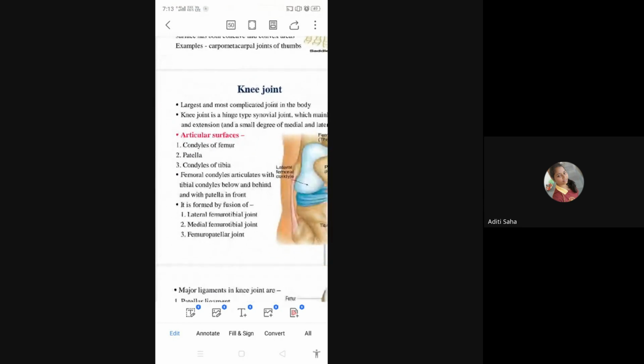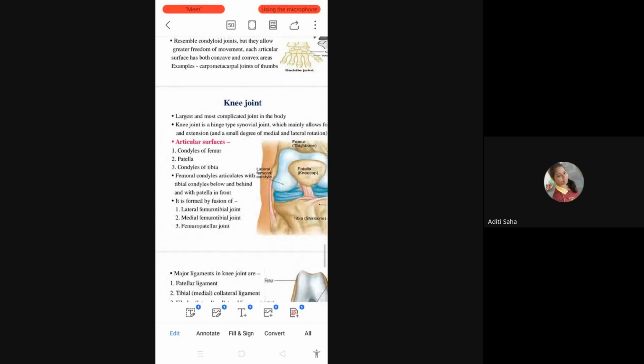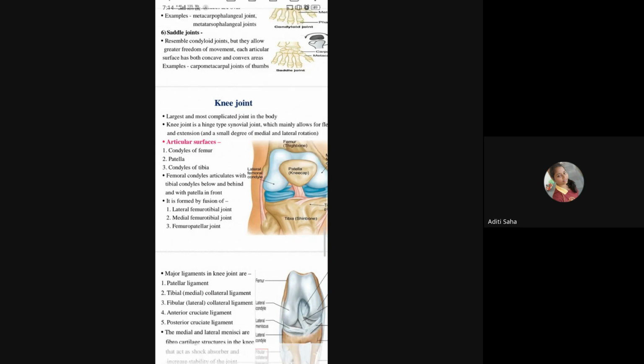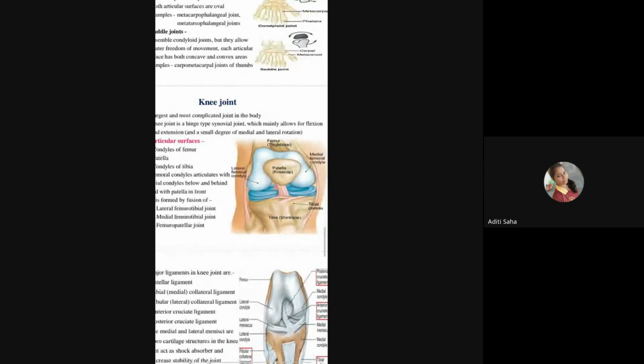Yes, next is the patella. You can see the patella is attached with the femur bone. Next is condyles of the tibia. Yes, condyles of the tibia are articulating with condyles of the femur.